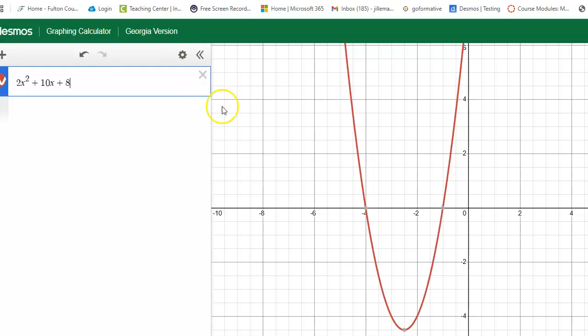Now, the first thing we're going to do is click our 2 x-intercepts. So we have negative 4 and negative 1. These are our solutions, not our factors, but solutions. And I'm going to show you today how to take solutions and turn them into factors.